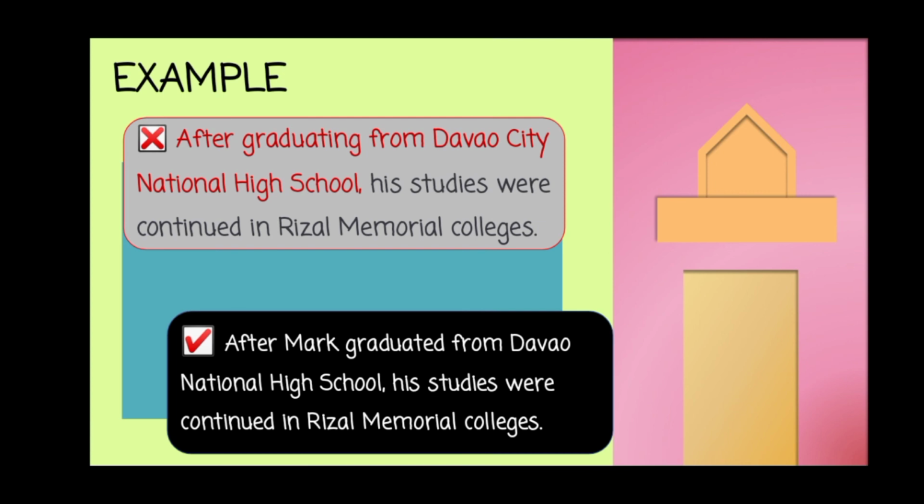So to correct this sentence, we have to put a subject or the doer in the first phrase. We have to say, after Mark graduated from Davao City National High School, his studies were continued in Rizal Memorial Colleges. Since it used the pronoun his in the second phrase, basically a boy, we use the name Mark.